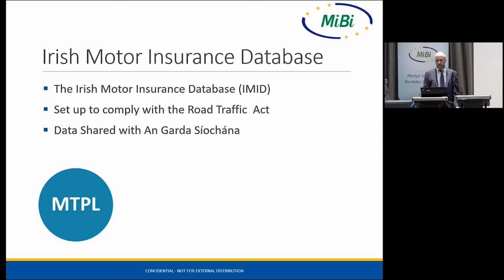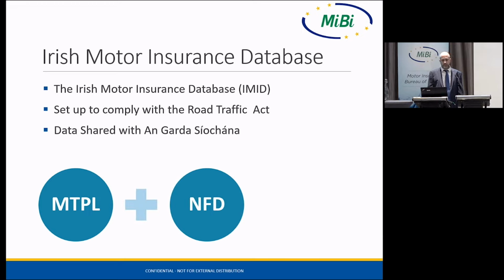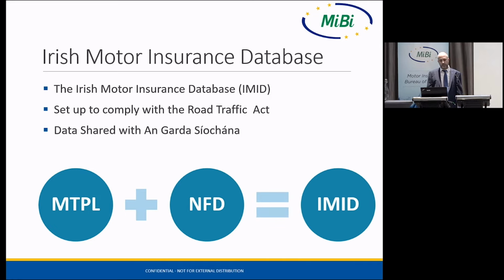In addition, the MTPL also holds information on small commercial vehicle policies, for example, vans used by painters and plumbers. We then have the National Fleet Database, or NFD, which holds information on fleet policies such as haulage companies and motor trade policies such as garages and car dealerships. Combined, they give us IMID.